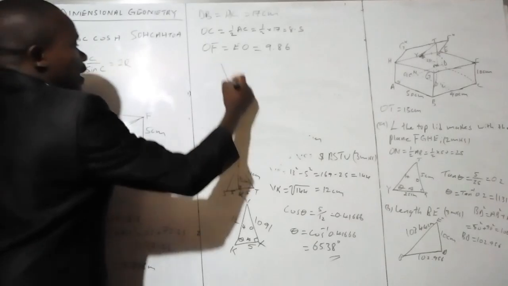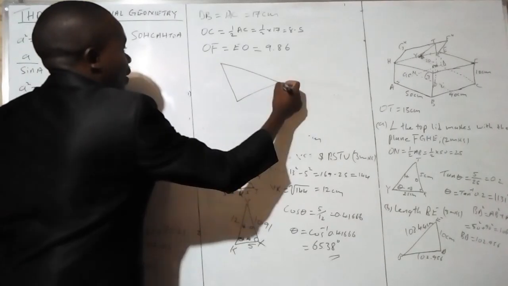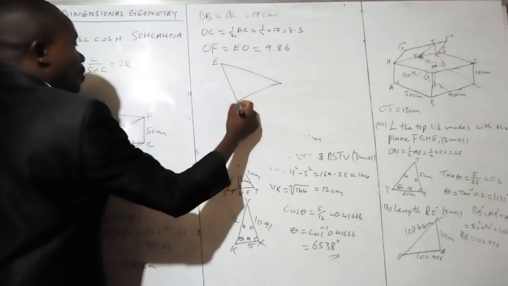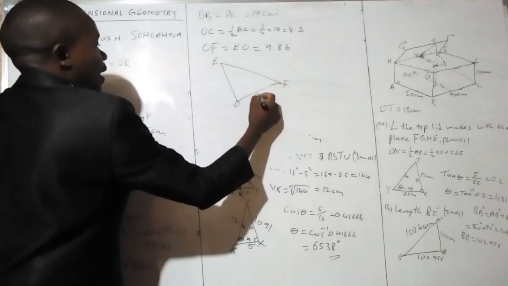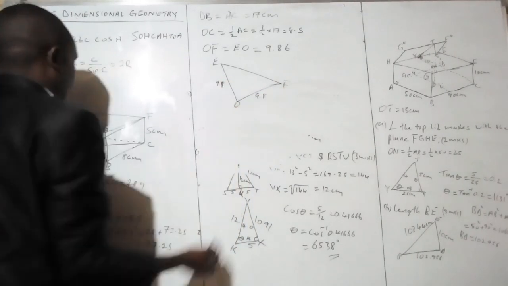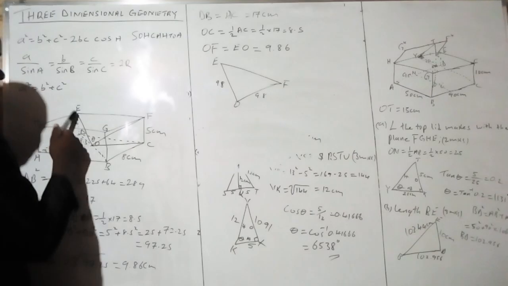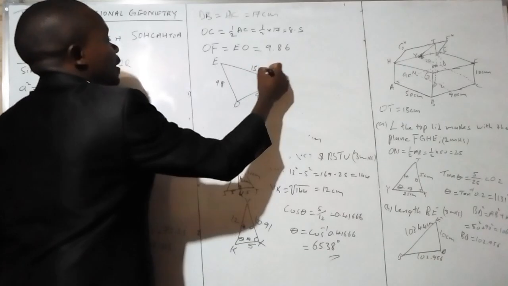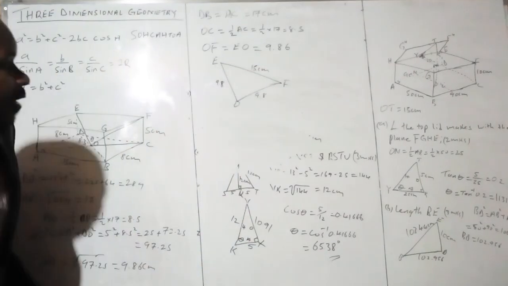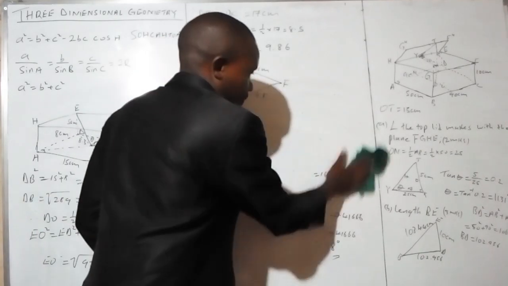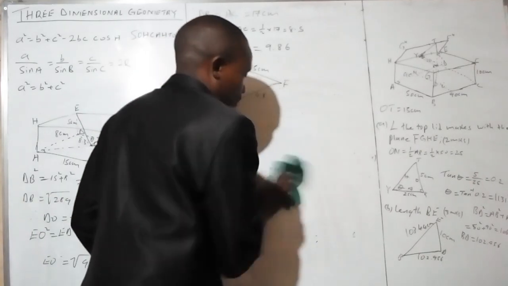Then we extrapolate triangle EOF. That's our triangle EOF, 9.8, 9.8. Then EF is 15 centimeters.